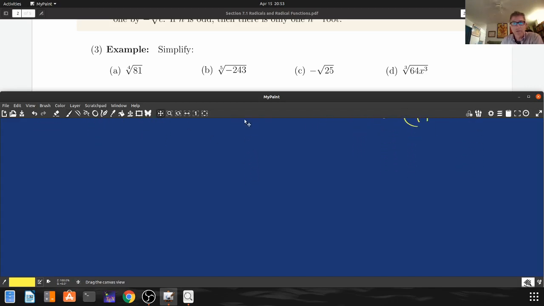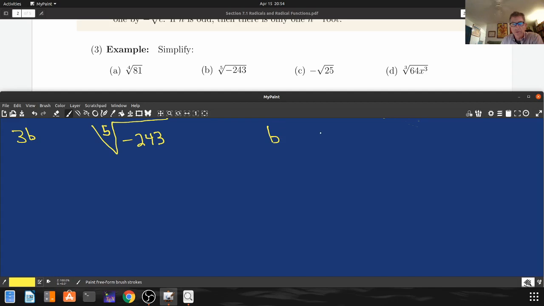Let's look at another one. So 3b. Now I want the fifth root of minus 243. Since my index is odd, I just want to find some number b, not b greater than 0, such that b to the fifth is equal to minus 243.